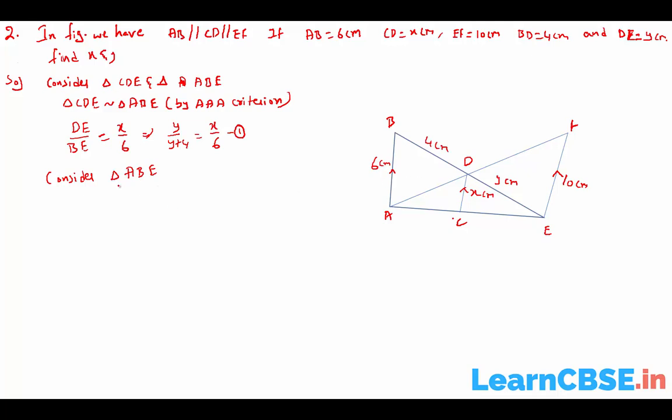By BPT we can write 4 by 4 plus y equals AC by AE.